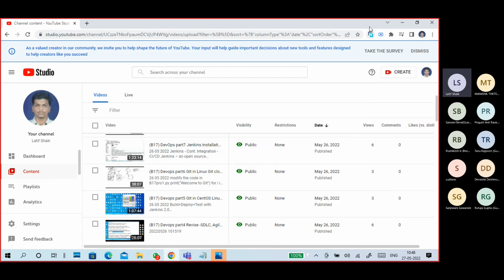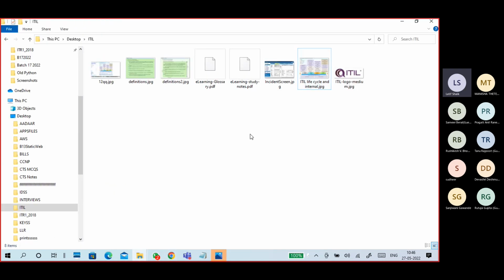Now we don't have much time to explain each and every life cycle. This is the notes. It's a very big PDF, and a very useful one.